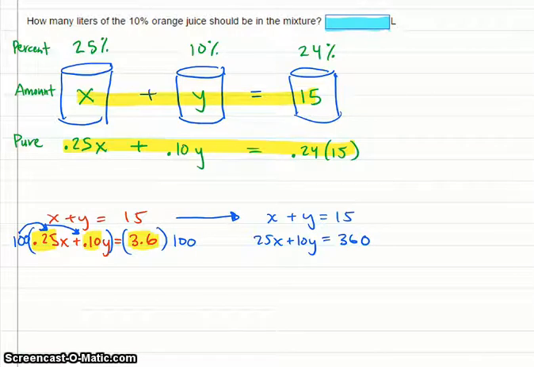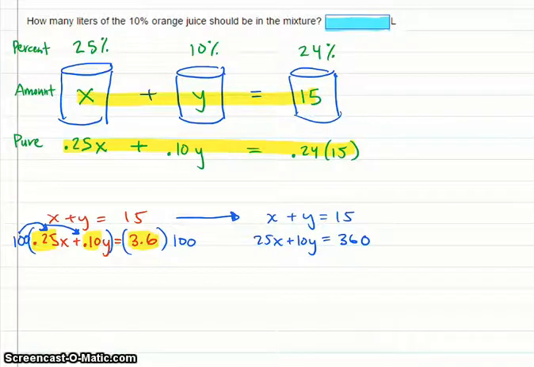So from here, to solve this, I can look at this and notice that they're both in standard form. So if I can get opposite coefficients here and here, I can use the addition method to get rid of the y's. So in order to get an opposite coefficient here, I can multiply the first equation by negative 10.